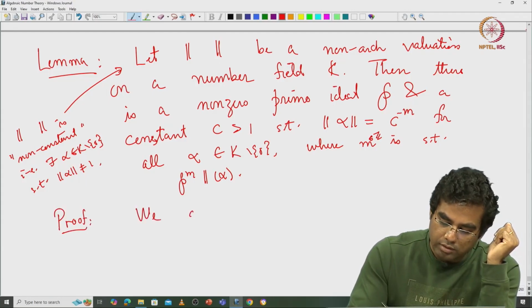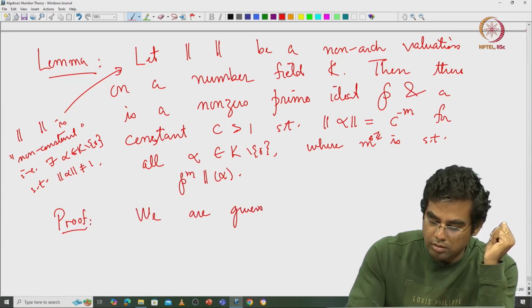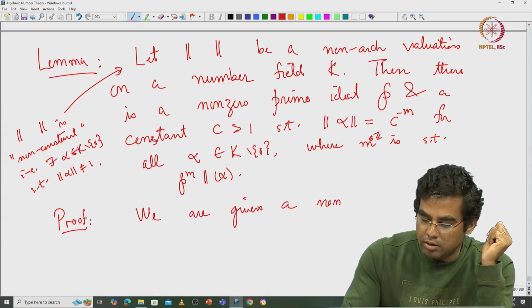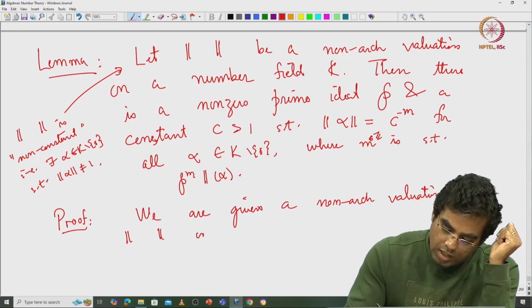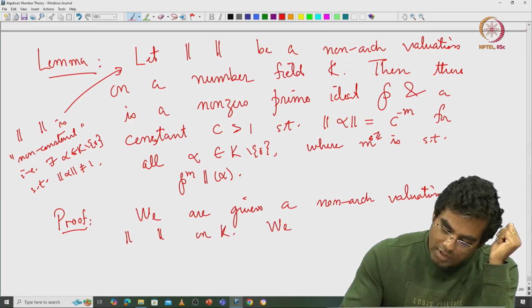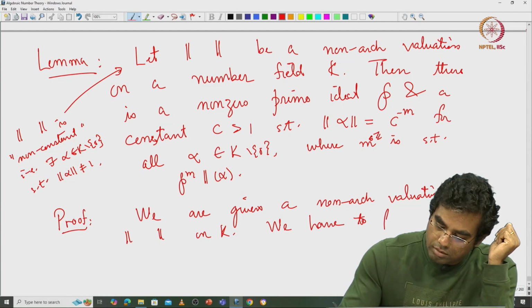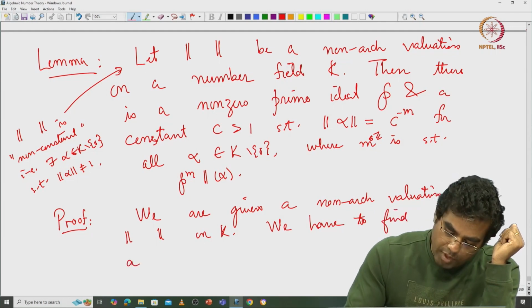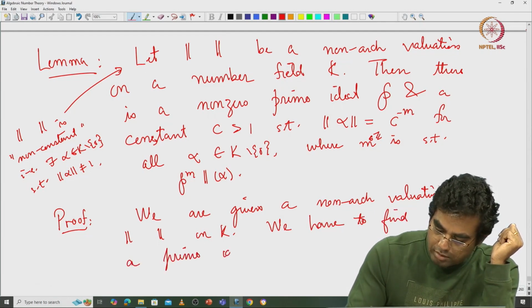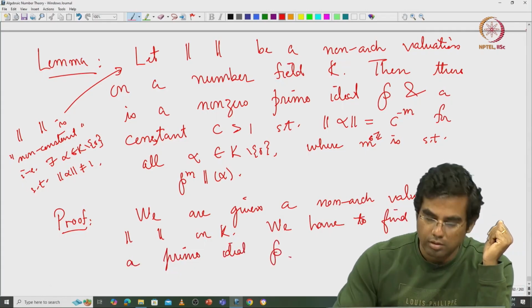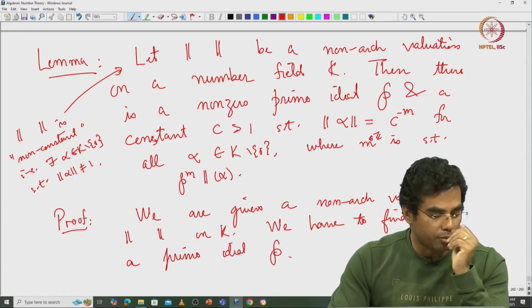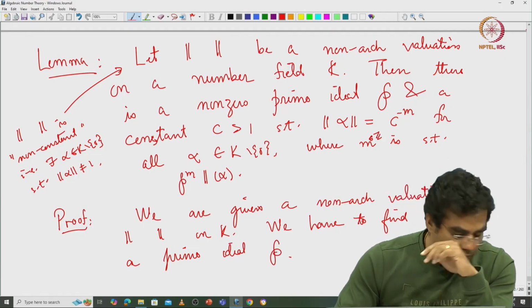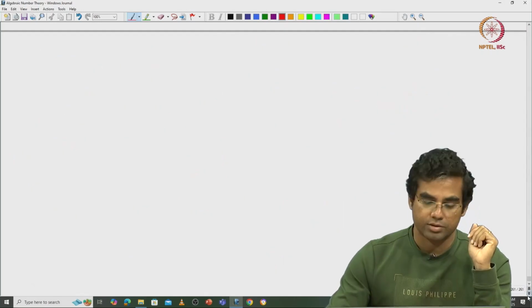So, we are given a non-Archimedean valuation on K. We have to find a prime ideal from this, right. Okay. So, we are given some analytic property and from that we have to find a prime ideal, something algebraic. So, how do we go about it?